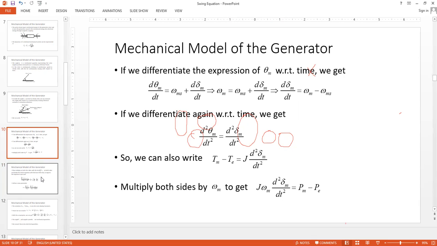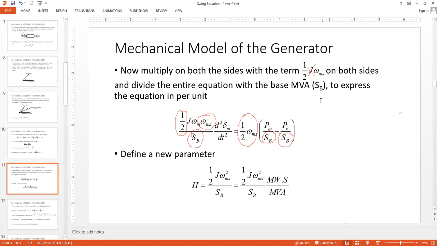If you want per unit representation, you have to divide by the base power. In an AC system, the base power is usually taken in MVA. So SB is nothing but the base MVA for the system under consideration. And in the numerator, we do some manipulation. We'll see why next: why do we incorporate this half of omega ms?